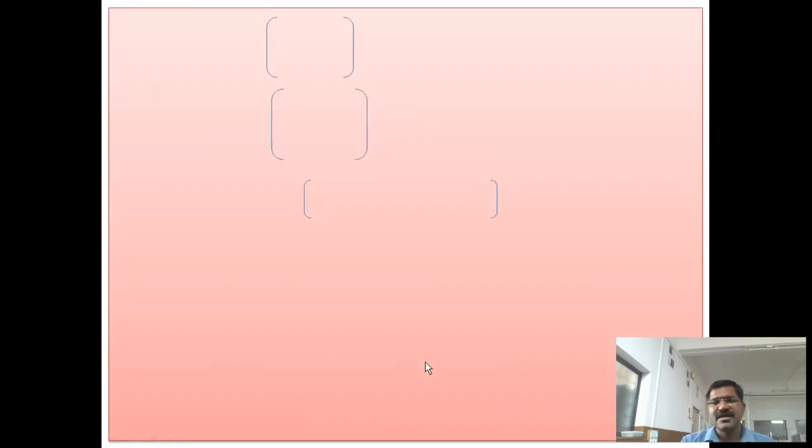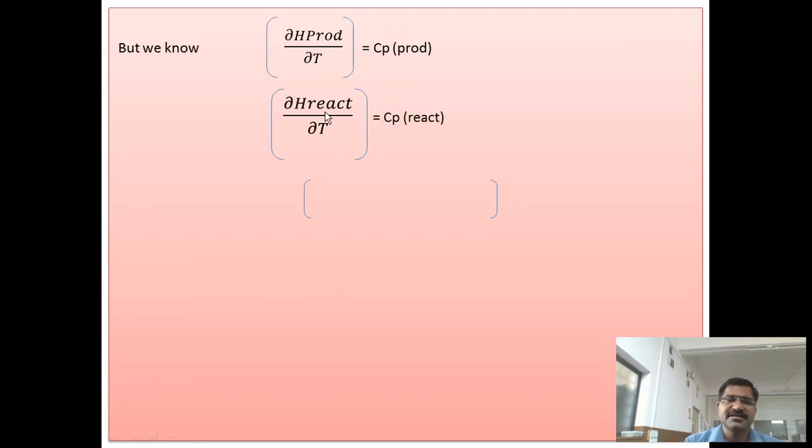We know that dH by dT means Cp, the molar heat capacity at constant pressure. Therefore, dH of the products by dT is equal to Cp of the products, and dH of the reactants by dT is equal to Cp of the reactants, the molar heat capacity at constant pressure.